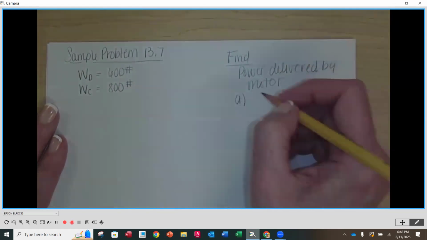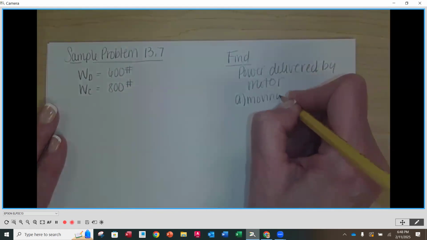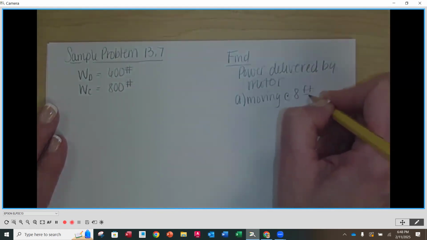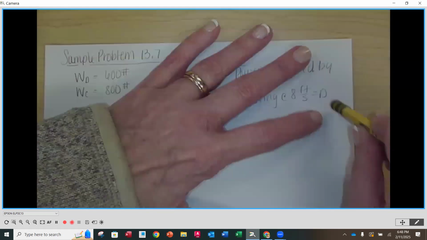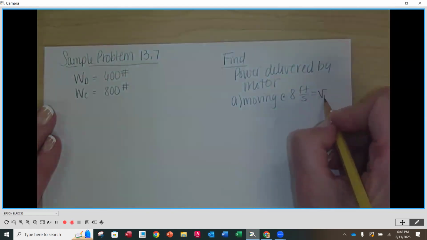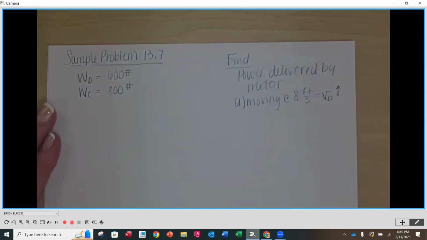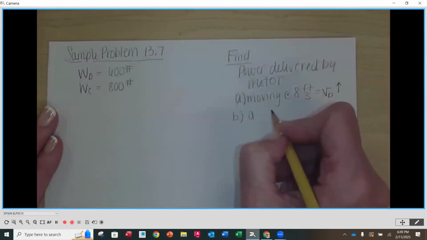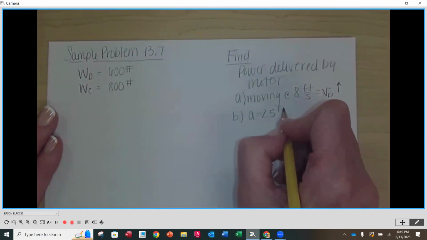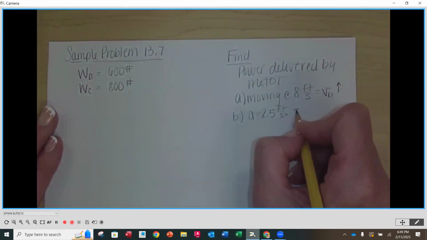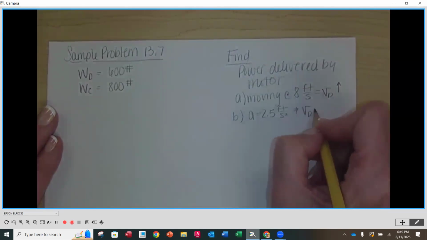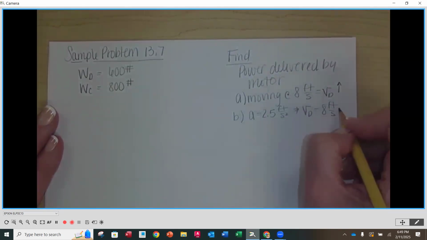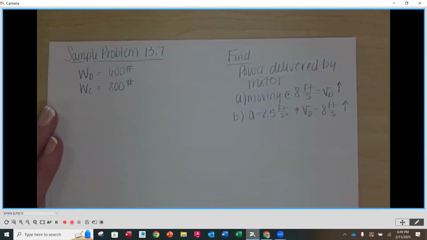A, it's going to be moving at 8 feet per second, that's the velocity of the dumbwaiter, velocity of D, and it's going up. It's at a constant velocity, so the acceleration is 0 in part A. In part B, we're going to have an acceleration equal to 2.5 feet per second squared and an instantaneous velocity of D at 8 feet per second, and both are going up. So in this case, we do have an acceleration.